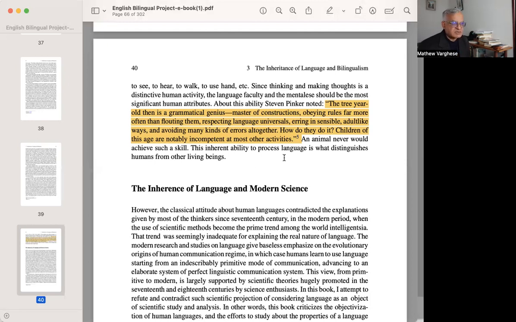The thought language they think in is their own mother tongue, and it interferes with them. This is a kind of problem that almost all language teachers face in the classroom, and it has to be addressed properly.